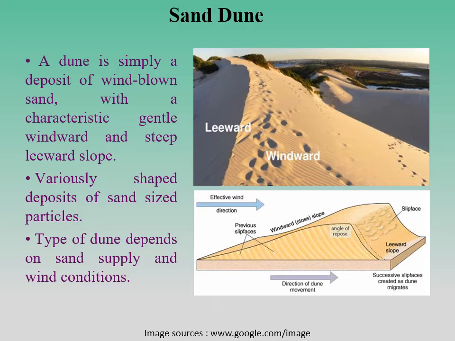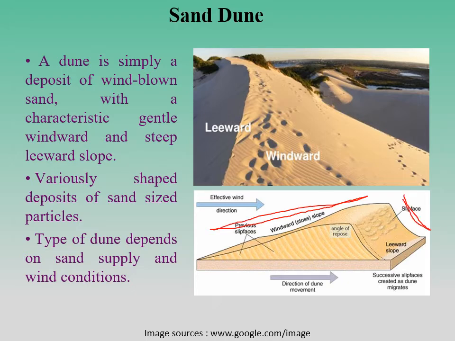The sand dunes are simply wind-blown sand particles deposited, and they form some characteristic undulating surfaces in which one side is gentle. You can see in this picture, this side is gentle, that is lowly inclined, whereas the other side is relatively steep, that is highly inclined.